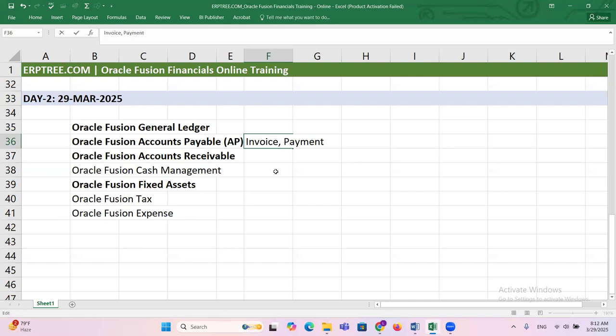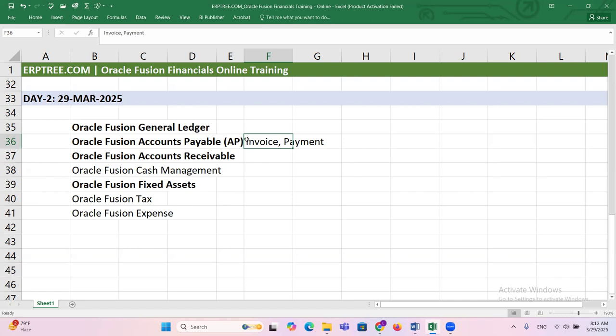Against that invoice, we process the payment. This is the primary function of the accounts payable application, and this is what we will primarily learn from it. So by using accounts payable, we can create invoices and make payments. What invoice is this? A purchase invoice. When we purchase, we get an invoice from the supplier, and based on the due date, we make the payment. So, invoice and payment.